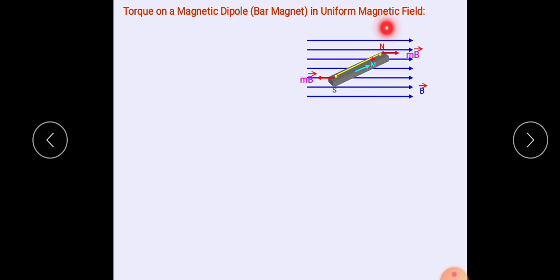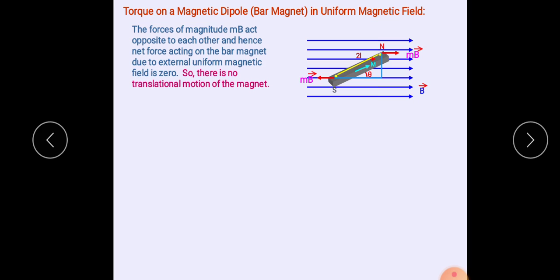As you can see, there is a point N, then S is there, force is along this direction, and at N force is along the direction of the magnetic field. M is S to N, and there is an angle theta between the magnetic dipole moment vector and the magnetic field vector.